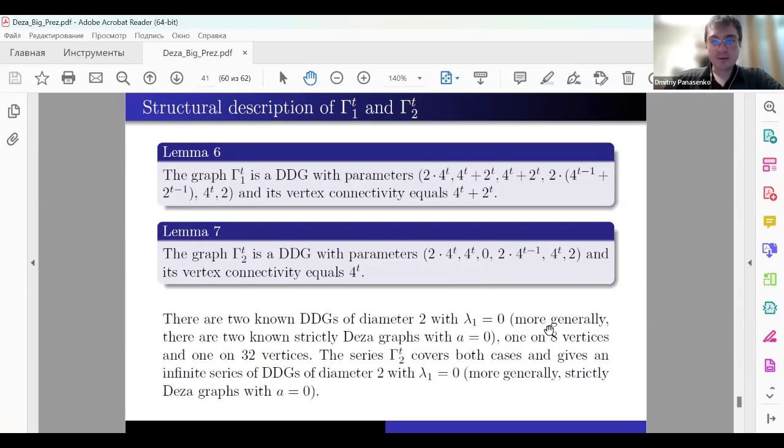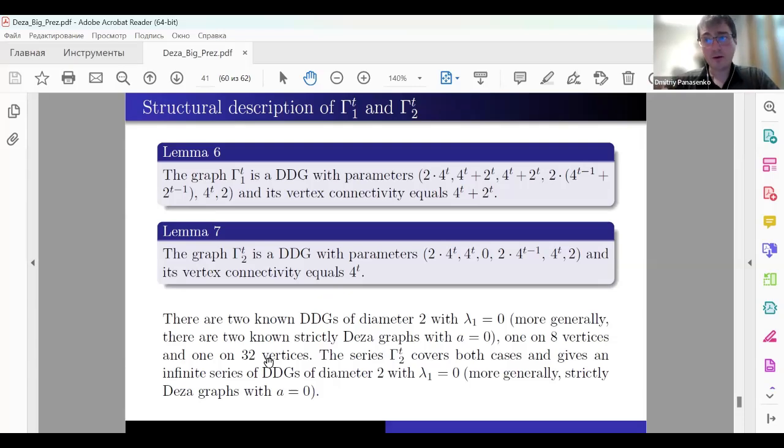For t=1, one graph is a graph on 8 vertices. We already saw this graph as an example of the smallest strictly Deza graph. The other graph is a divisible design graph with 32 vertices. We already met this example as well when we were talking about graphs obtained from the 6-halved cube.